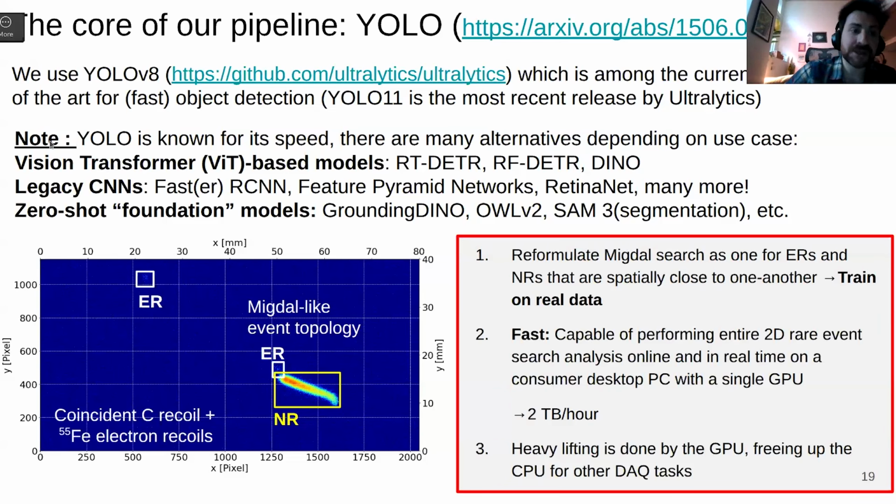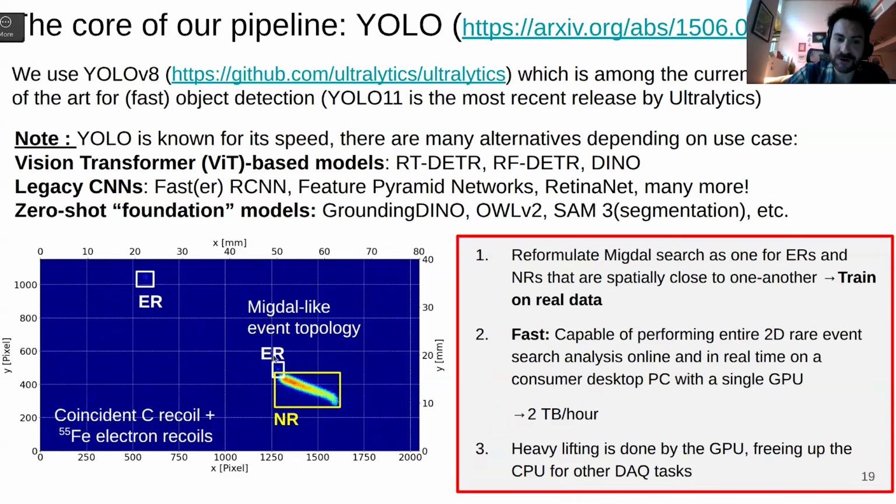But a couple notes. If you're developing an object detection pipeline for your own application, you really do want to think about which model is best for your use case. We wanted to use YOLO because it's known for being fast, and that allows us to actually perform our search at real-time speeds.